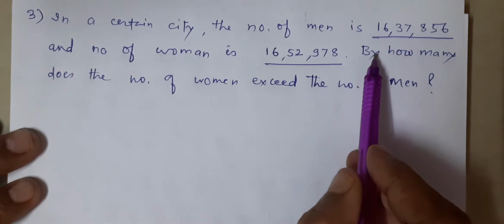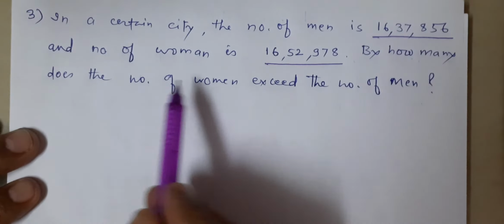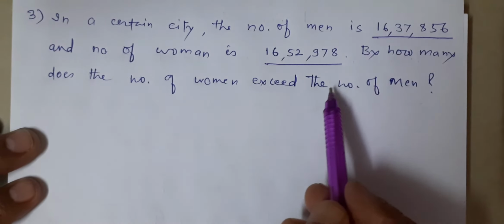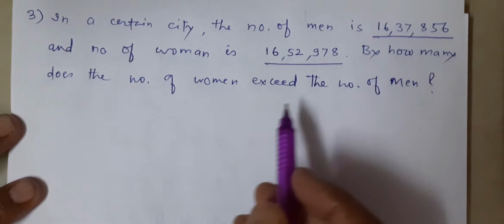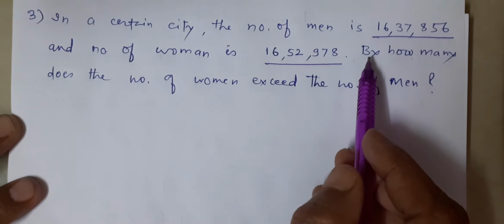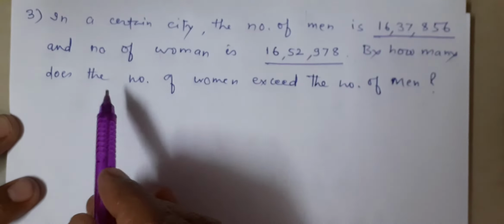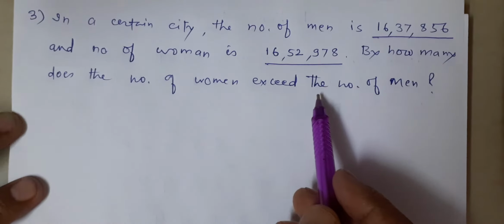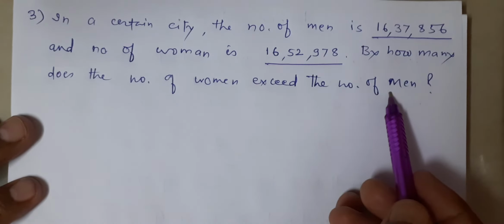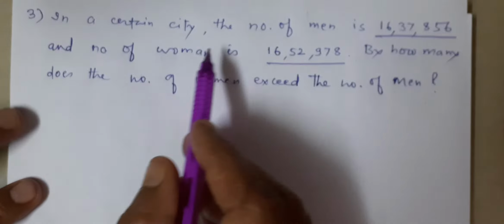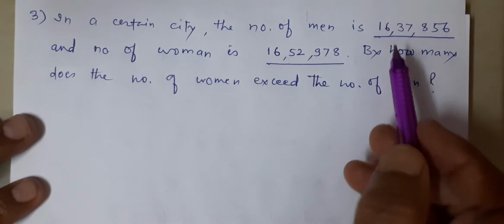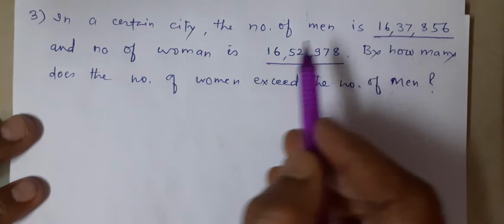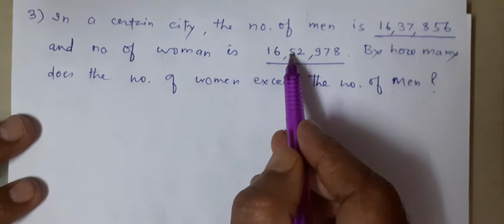We have to calculate by how many the number of women exceeds the number of men. In the city, the men quantity is 16 lakh 37,000, while the women quantity is 16 lakh 52,000.